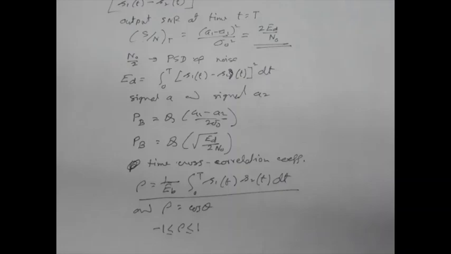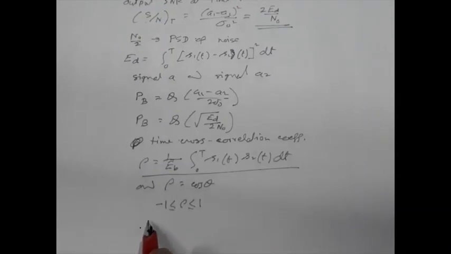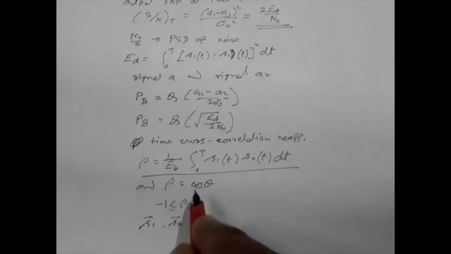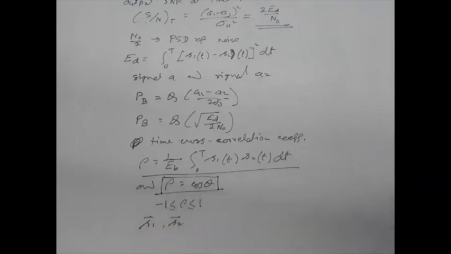When S1(t) and S2(t) are viewed as signal vectors, like S1 vector and S2 vector, then this rho is conveniently expressed by this expression, where the angle between vector S1 and vector S2 is this theta.